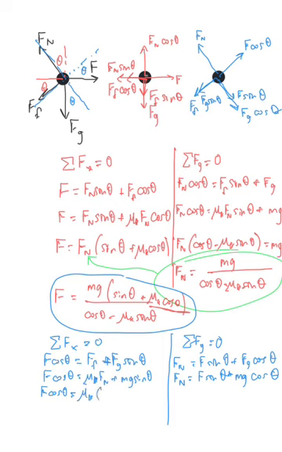Now in place of the Fn, we're going to put everything from the equation over here. So that will look like, in parentheses, F sine of theta plus mg cosine of theta.